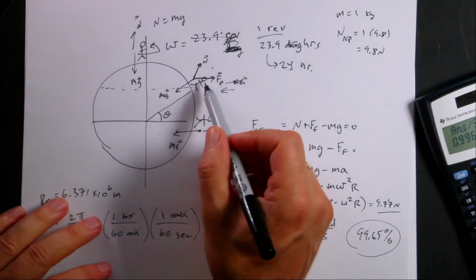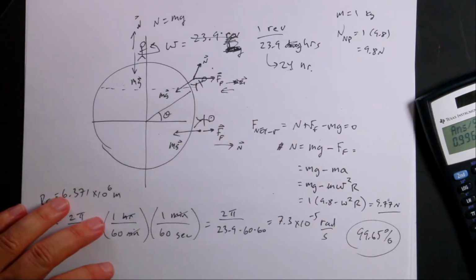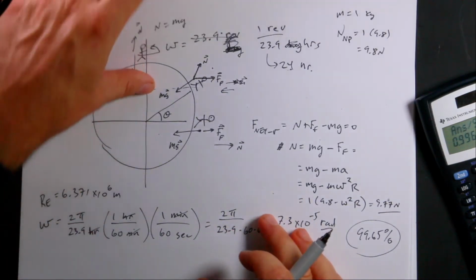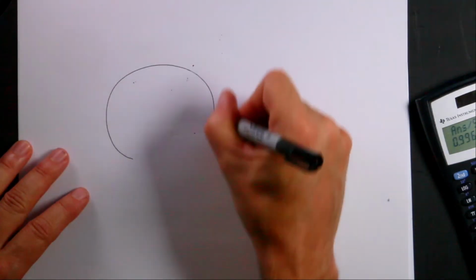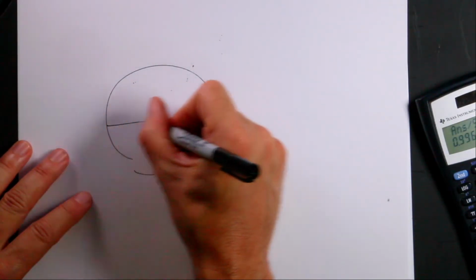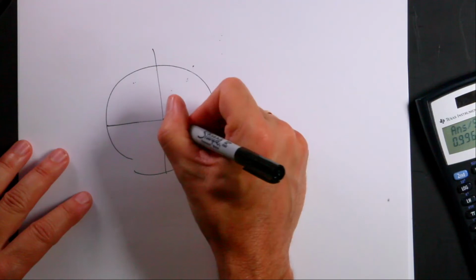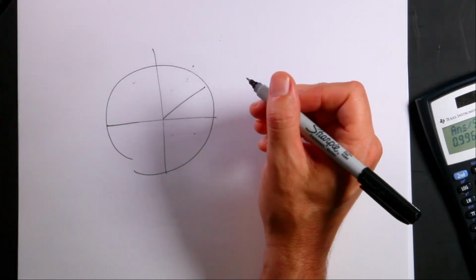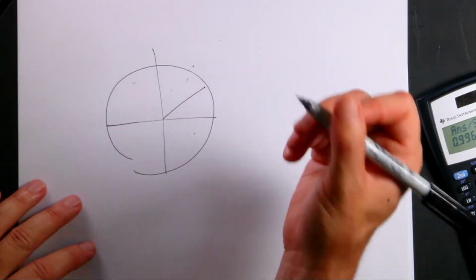Okay, so in this case, how do we do this problem? It's kind of complicated. Let me redraw just that one person. At a rough approximation, you could say that the normal force and the gravity are in the same direction.